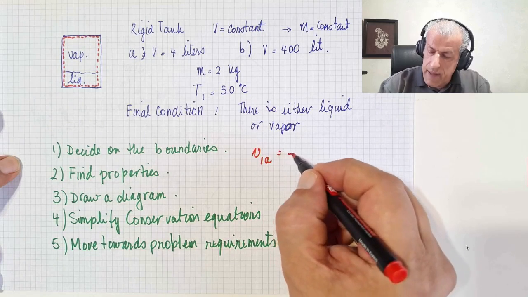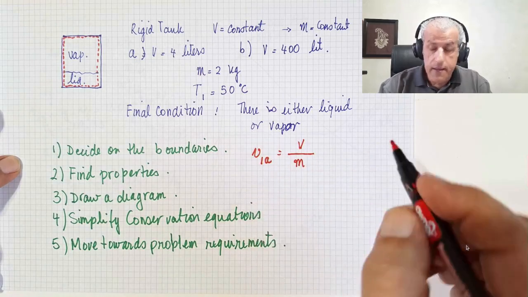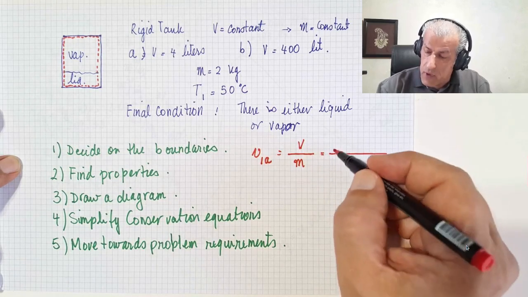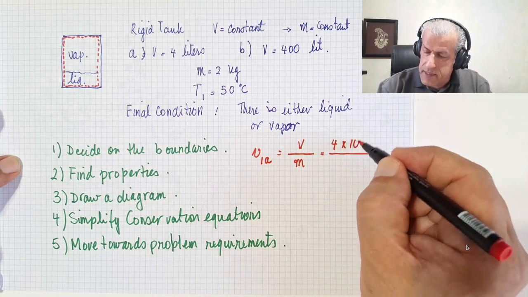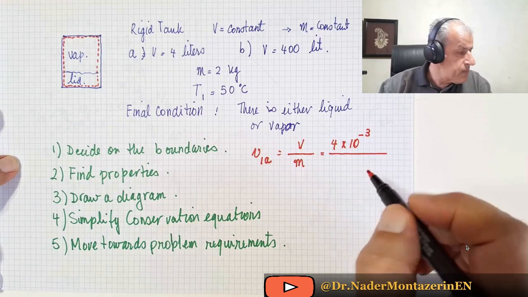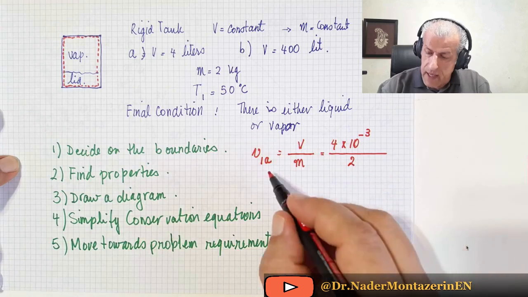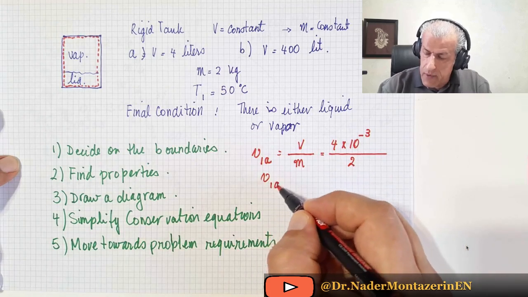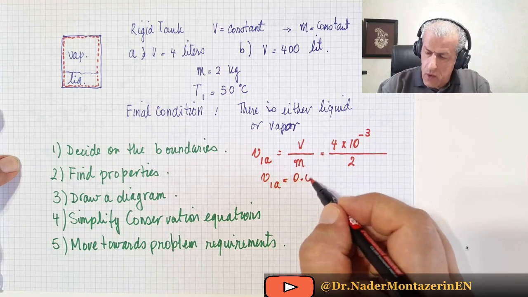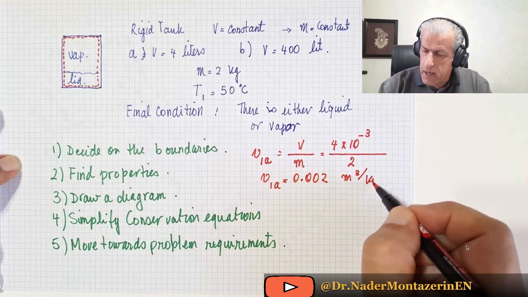V1A would be volume divided by mass, and that is 4 liters, which means 4 times 10 to the minus 3 to turn it into cubic meters, divided by mass, which is 2 kilograms. And therefore, V1A would be 0.002 cubic meters per kilogram.